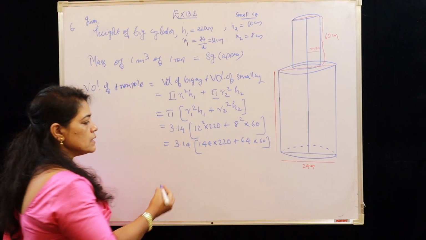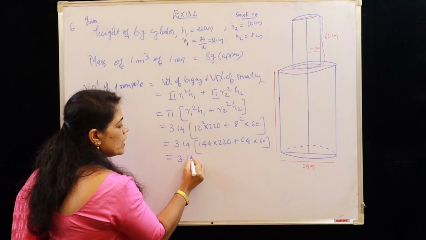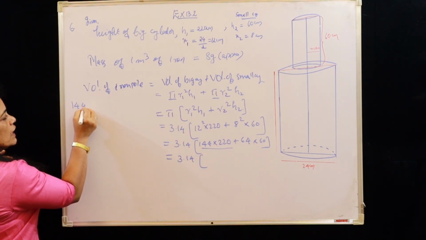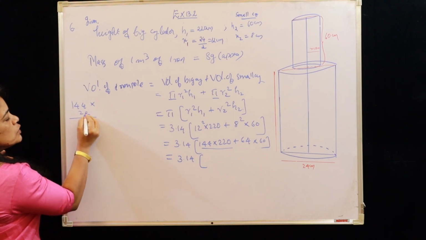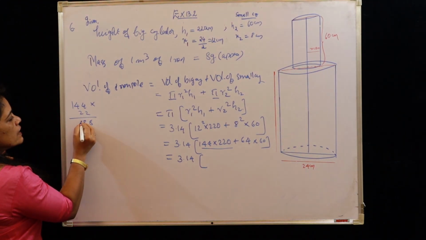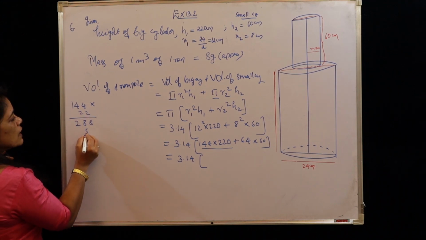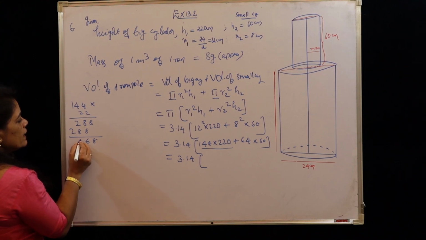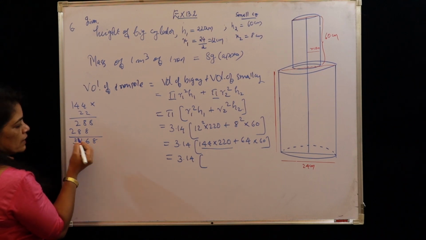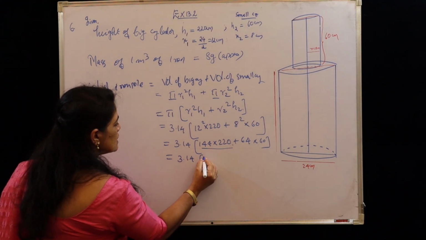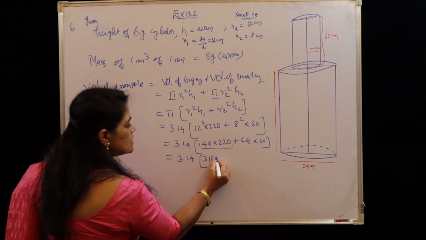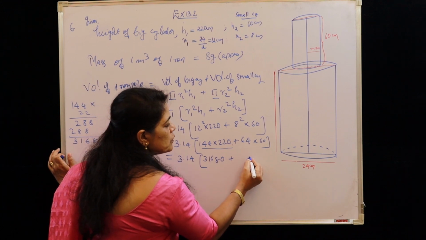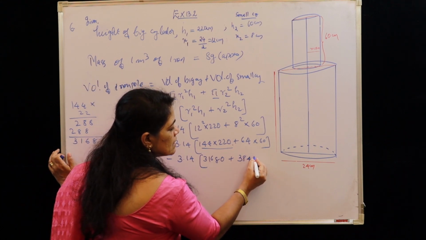Okay, we can solve the numbers in the bracket. 144 into 22: 2 into 4 is 8, 2 into 4 is 8, 2 into 1 is 2, 3168, and this 0. Plus 64 into 6: 24, 2 carries, 36, 38, 0.